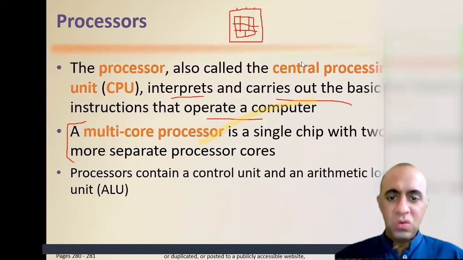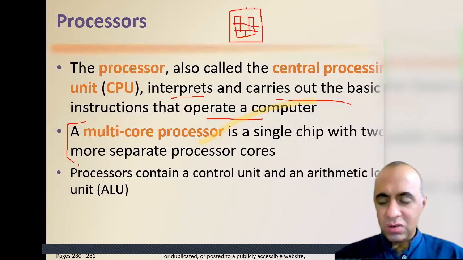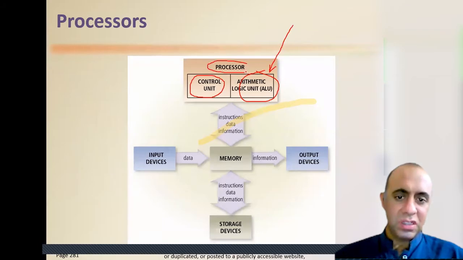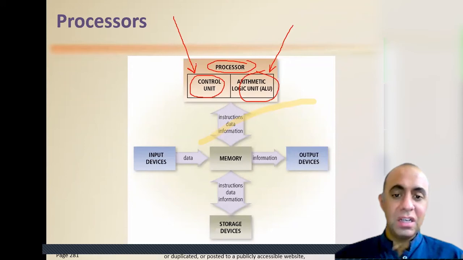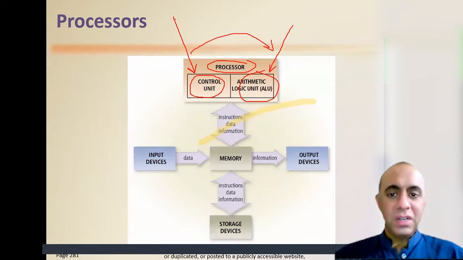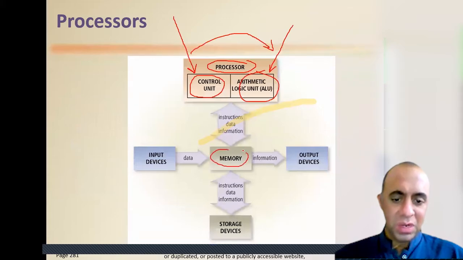So if you get to know the CPU better, you find out that the processor contains 2 parts. One part is the ALU, this part, and the other part is the control unit. This is the part where the decisions are made inside the processor, and this is the part which brings in the information needed to make these decisions, right? This information is originally available inside the memory, by the way.